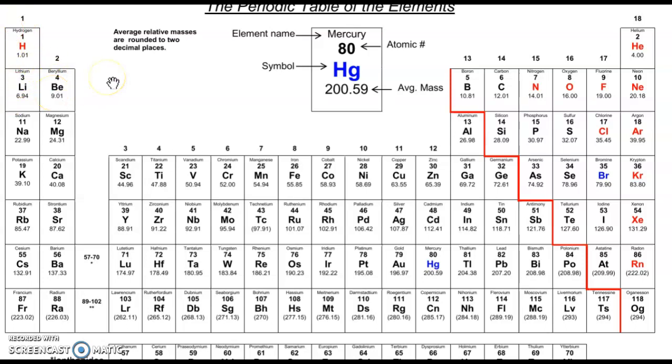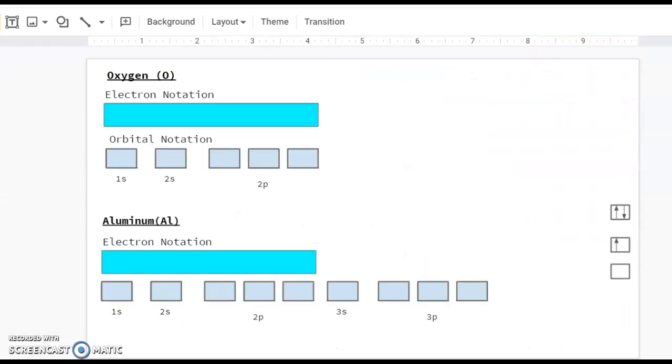Then we go to the P block: 2p1, 2p2, 2p3, 2p4. So we would end at 2p4.